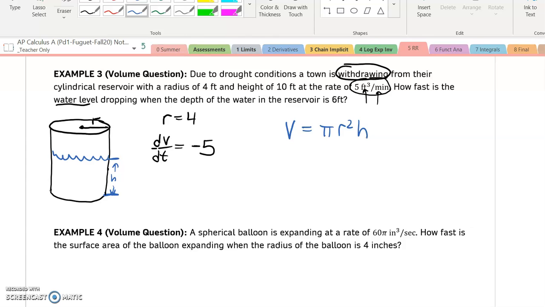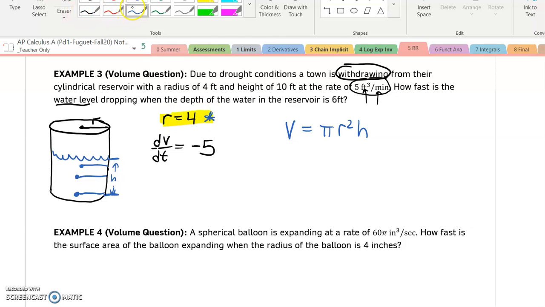But the key here is no matter where the water level is, the radius is always going to be 4. No matter where I put the water level, it will always have a radius of 4.